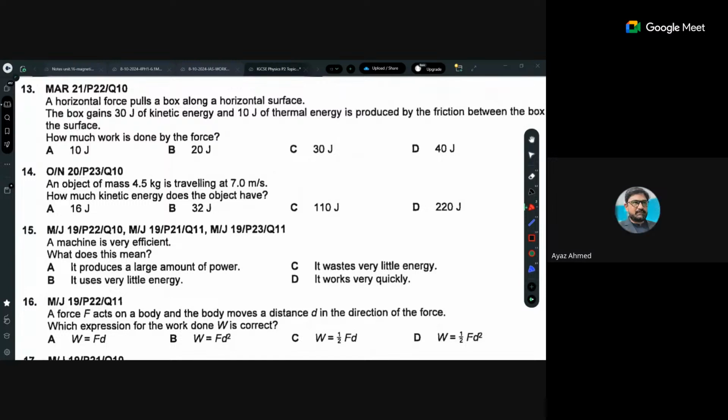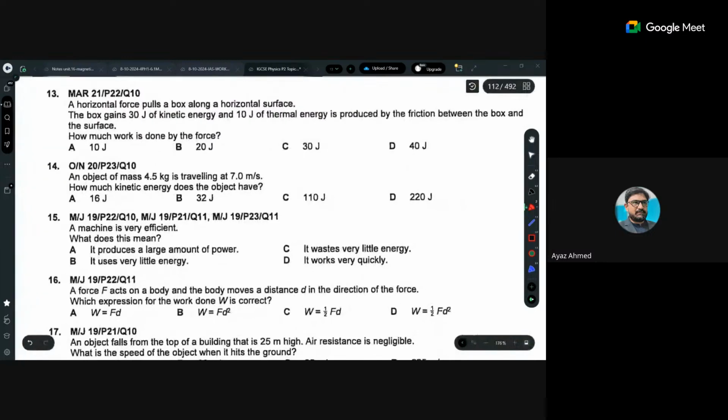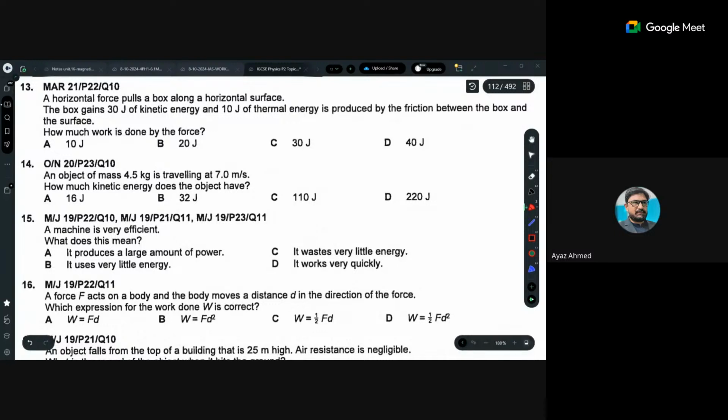Yes, yes. That's why I have brought you right here to the equation problems, the numerical problems. Though descriptive questions are there also, those are related to energy change.